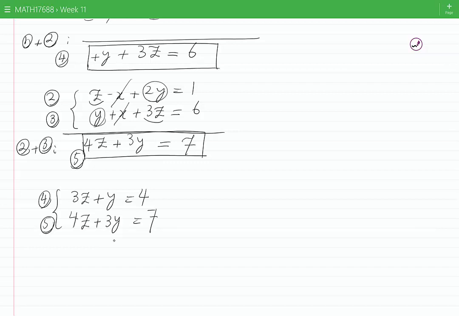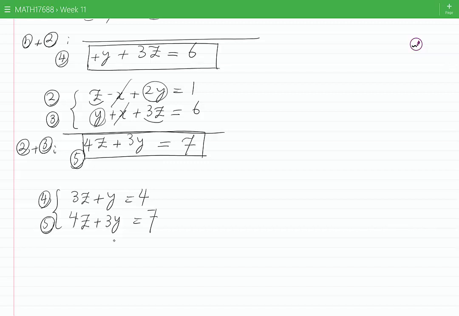In other words, we get a third equation that does not involve one of these variables, z or y.